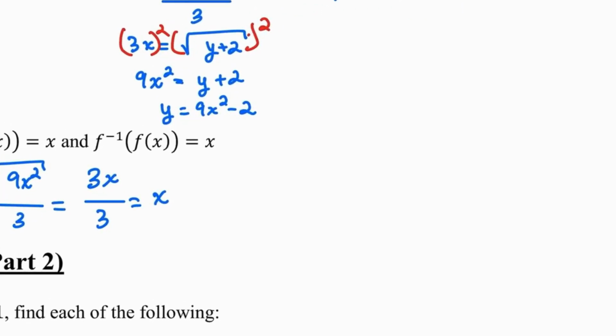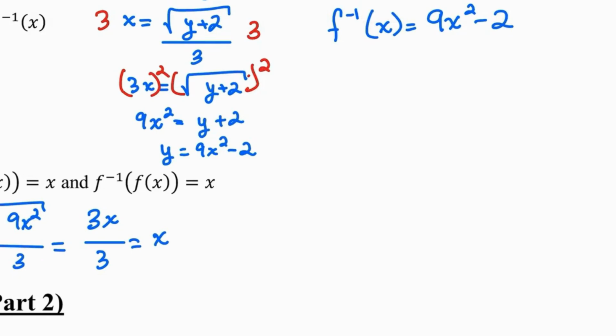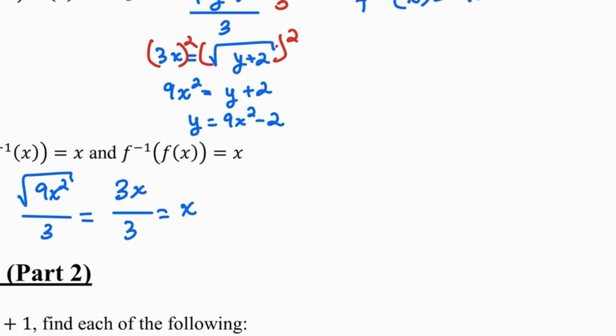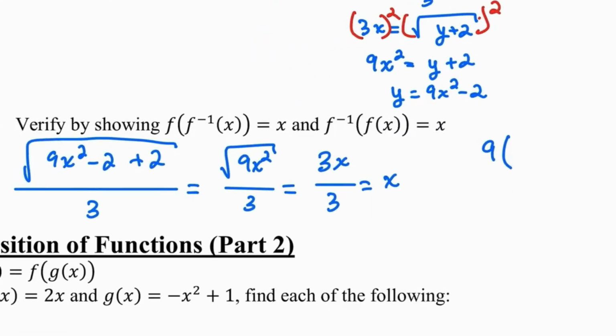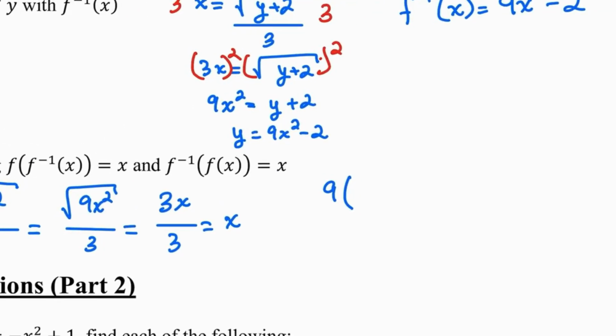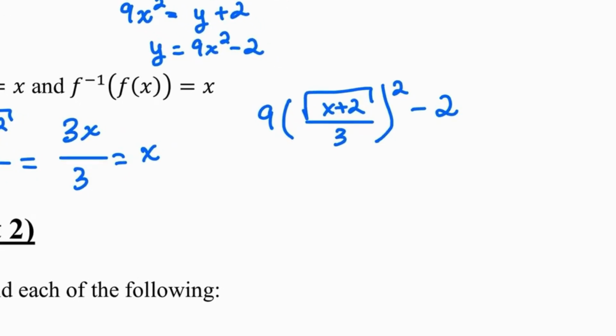And again, vice versa is if I plug the original function into 9x squared. So 9 times parentheses, what was the original function? The square root of x plus 2 over 3. And then square it, and then minus 2. Well, what happens if I square this fraction?